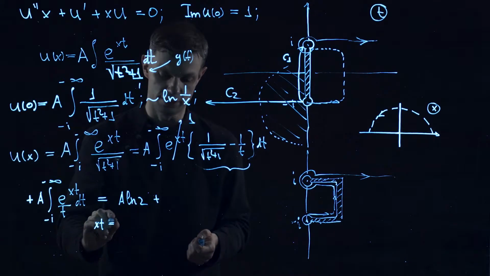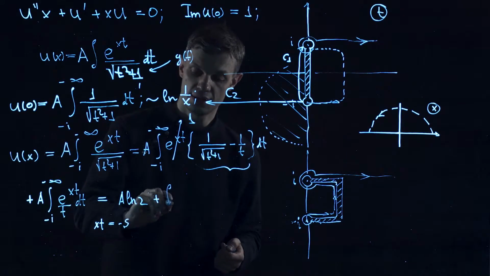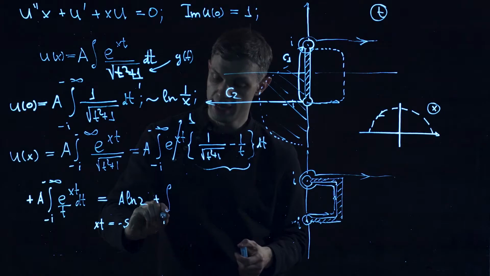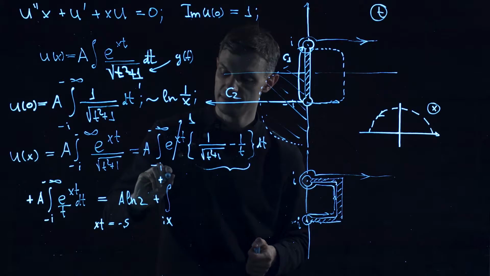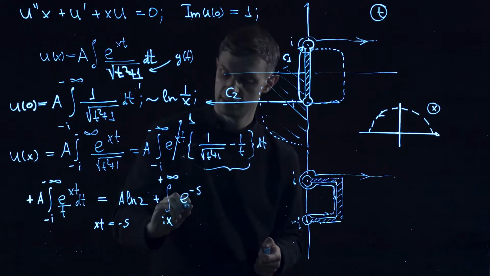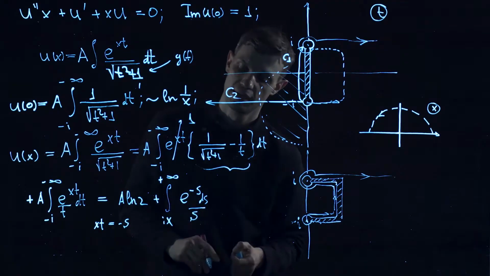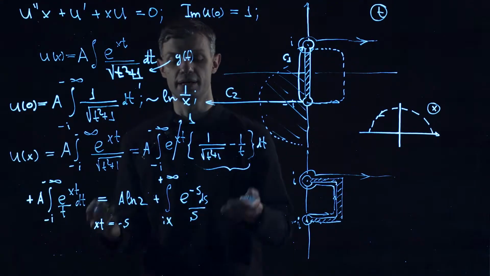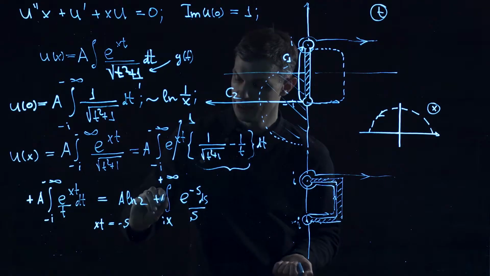Then the integral is taken from ix to plus infinity, and here you have e to the minus s ds over s. And this integral is easily estimated by simple integration by parts. Sorry, I dropped a here.